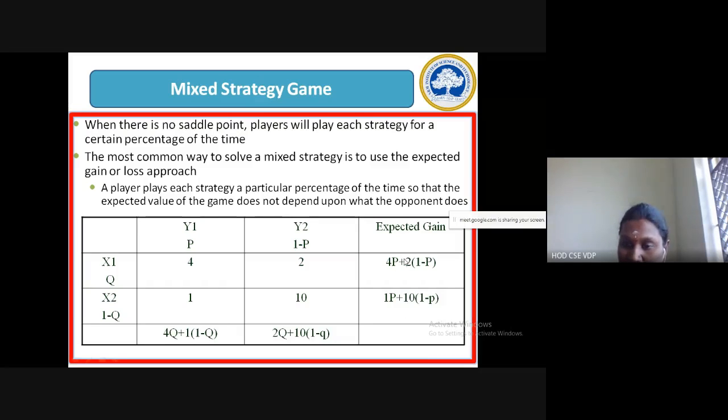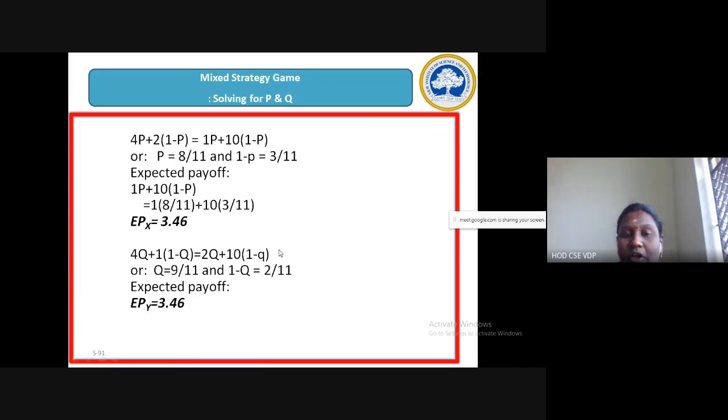Similarly, when you replace that value of p in this equation, this is going to be your expected gain for x1 strategy. Similarly here, if you replace q, this is going to be your expected loss for y1. Again, this is an expected loss if you replace q in this equation. So expected loss for y2. Got it?